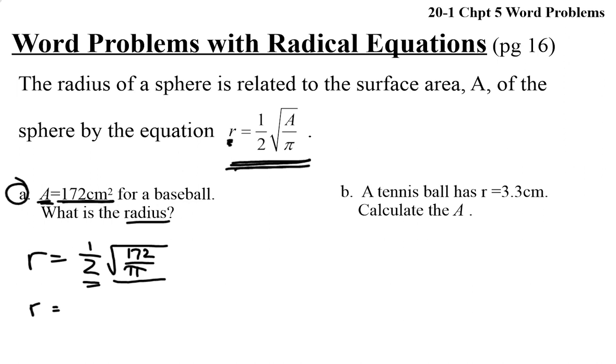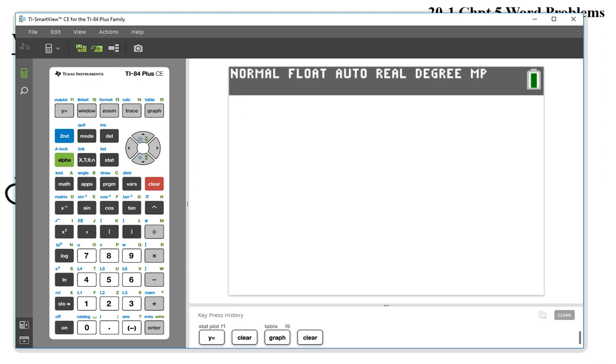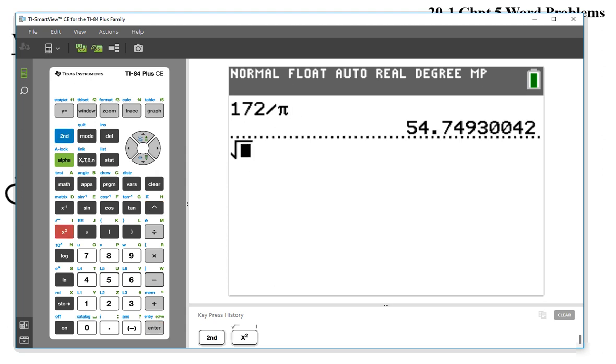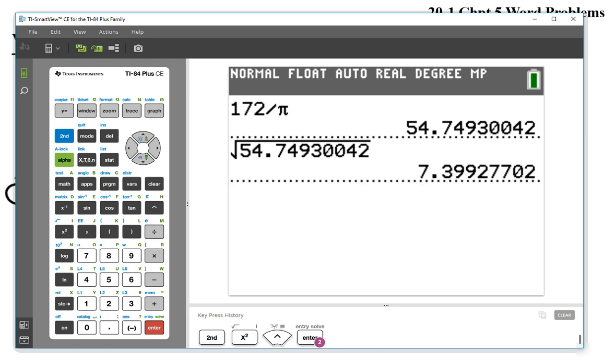So we want the square root of 172 divided by pi. So I'm going to go 172 divided by and come up with the pi symbol to be more specific. There's what I want. And I want the square root of that so I can grab it. And I like to break it into parts. So there's my 172 divided by pi, square root it, and I then have to multiply that by 1/2.